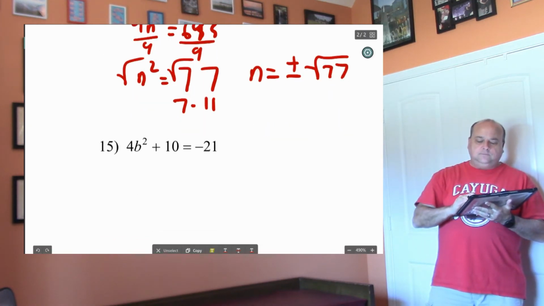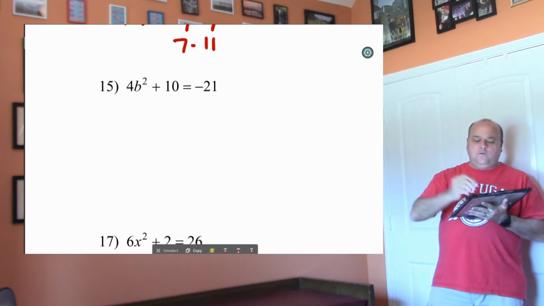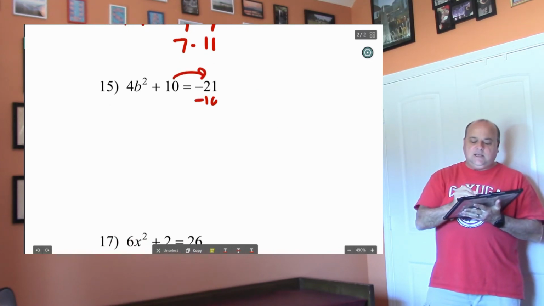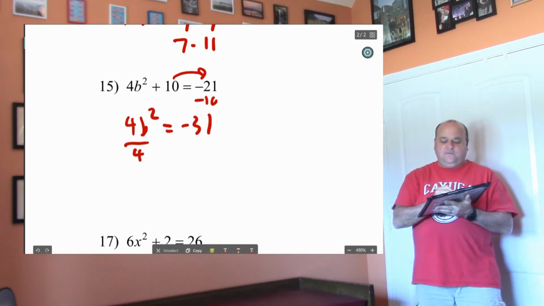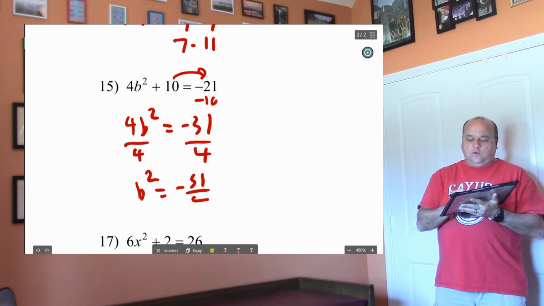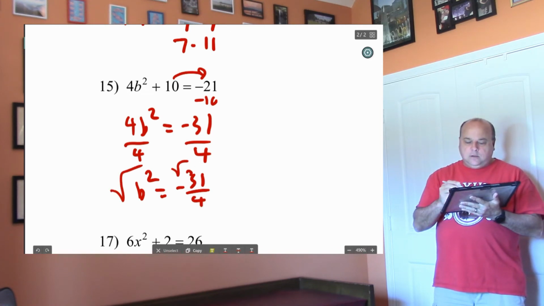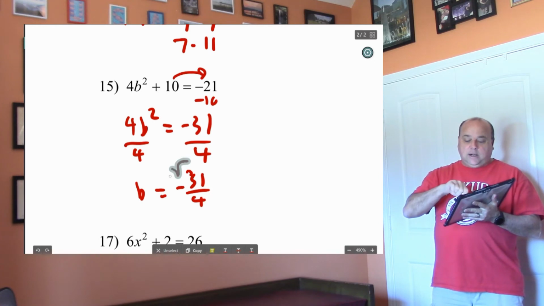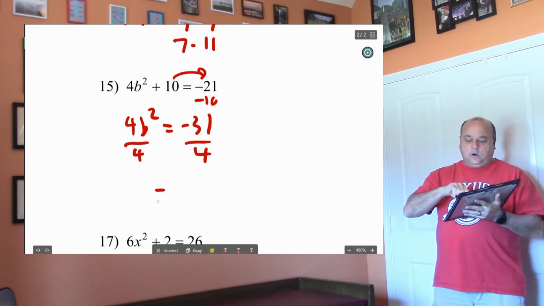Let's keep going. Number 15, we're going to move over the 10. So minus 10. I'll get 4b squared equals negative 31. Divide by 4. And I'll get b squared equals negative 31 over 4. Now then, when you do this, you're going to square root the top, or I'm sorry, this right here, we're getting the square root of a negative number, aren't we?